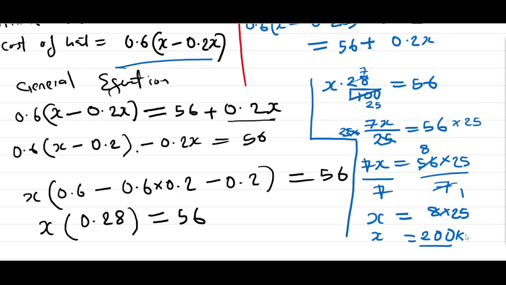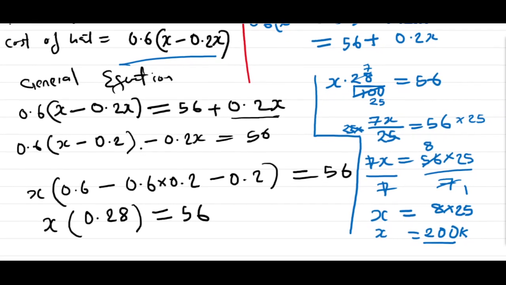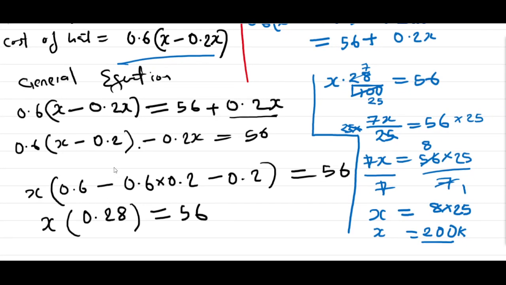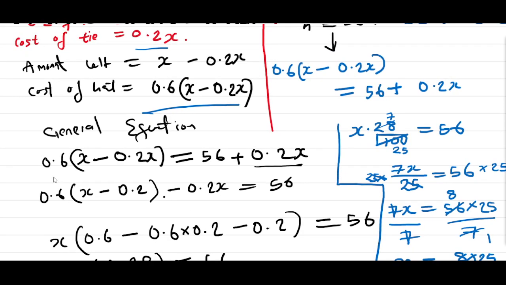Now, let's see another way we could have done it. This is another approach we take to solve this problem. Like, we just did the x minus this equation generally here.